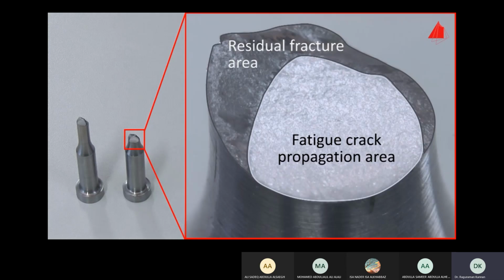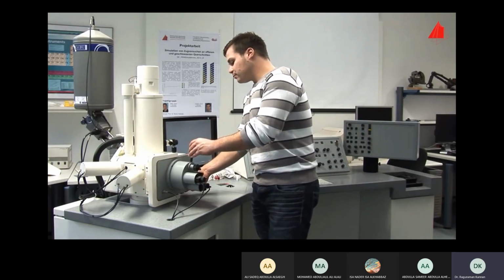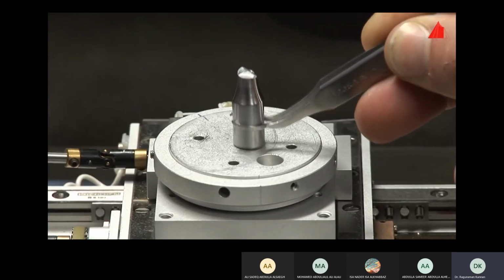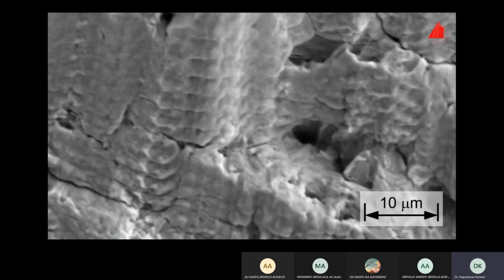The residual fracture area results from the final catastrophic rupture. The fatigue crack propagation area has developed during the cyclic growth of the fatigue cracks starting at the surface of the specimen. What does the fatigue crack propagation area look like at higher magnification? One of the fragments is carefully placed on the specimen stage of our scanning electron microscope.